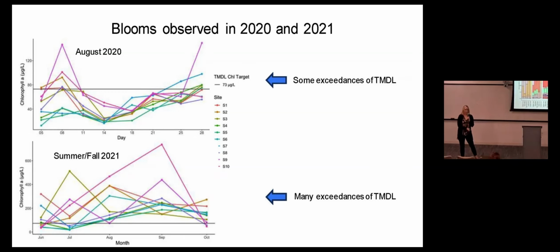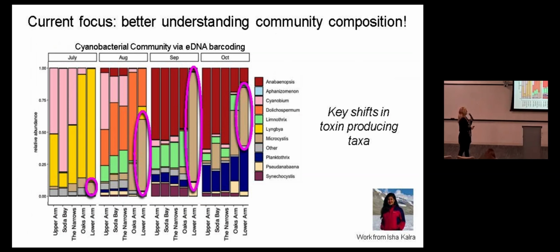What we're working on right now, and this is a lot of colors, is using molecular approaches. So, plug for Susie's eDNA session later. We're using molecular approaches to better understand community composition and transition over time. Here I've pulled out what we did in 2021, looking at composition over a couple of different months.